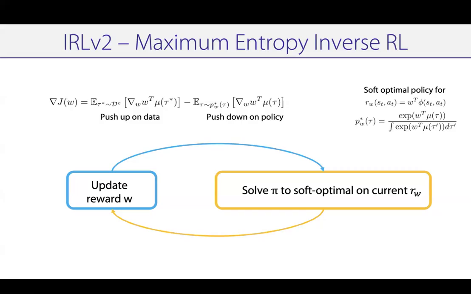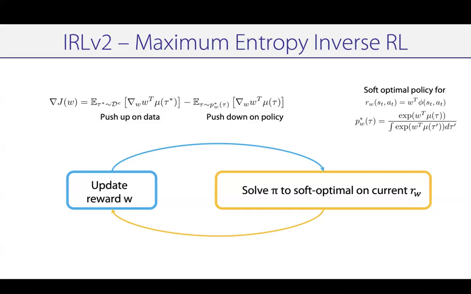I refer you to my CSE 542 class, where I had 3 lectures on control as inference. They go over it in excruciating detail. You could also read the soft Q learning paper. It also talks about it.